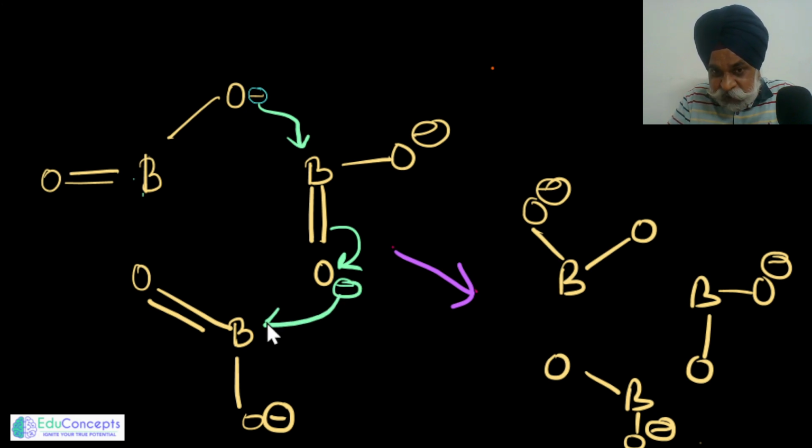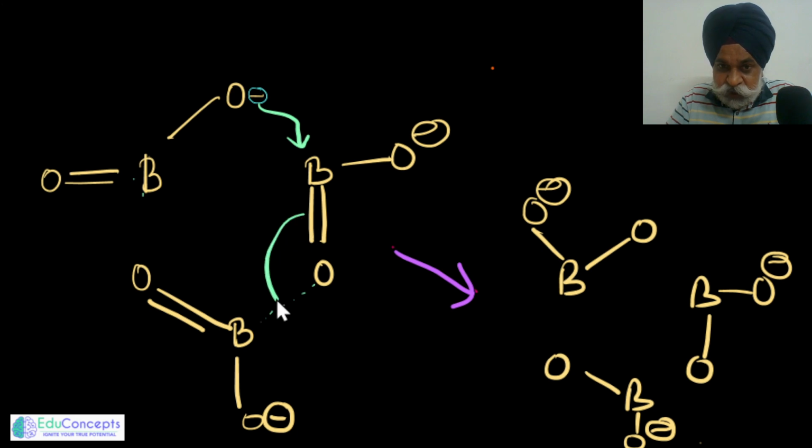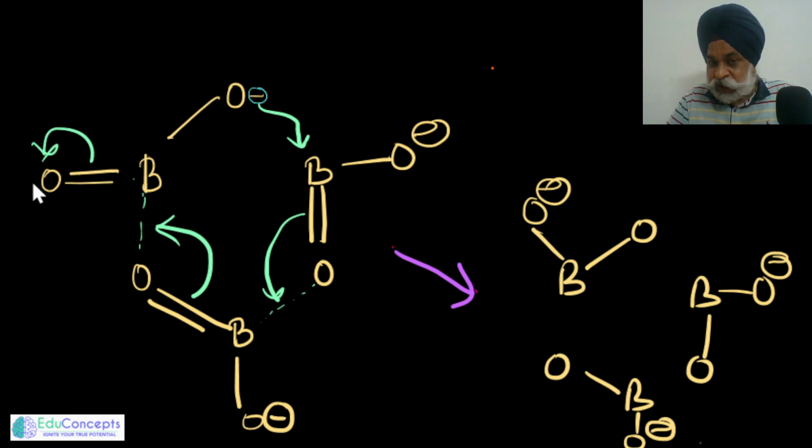That negative charge then attacks this one. So to make the thing simpler, I have written it like this: this bond goes here, and this bond just goes here and this moves here. As a result, 3 moles of metaborate got joined through these green lines, isn't it? This got joined here, here and here.